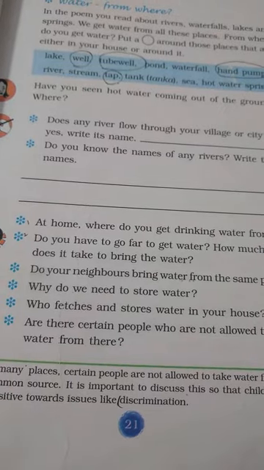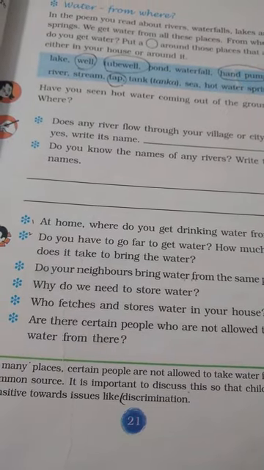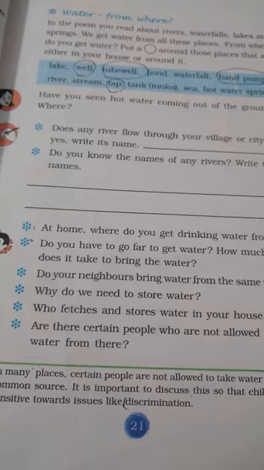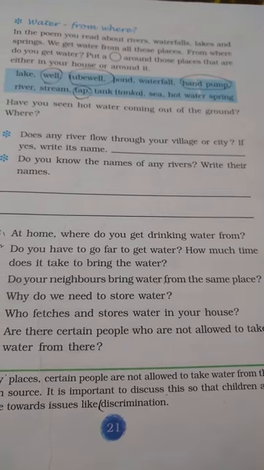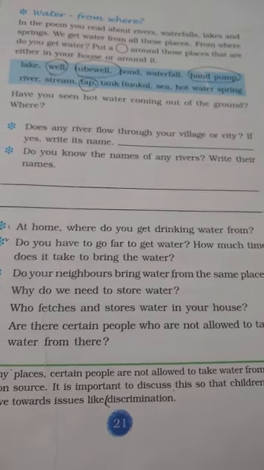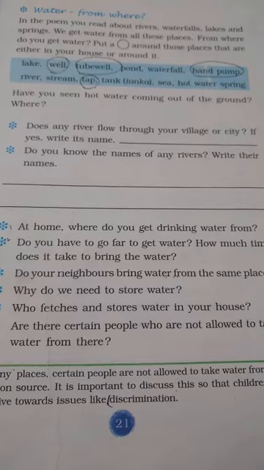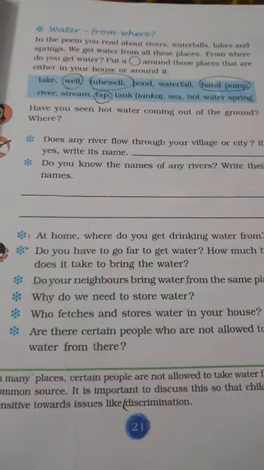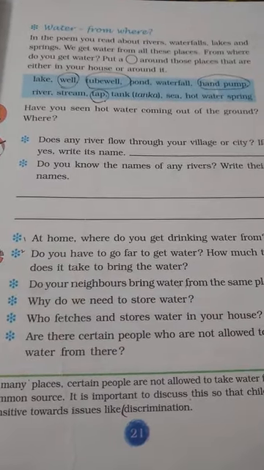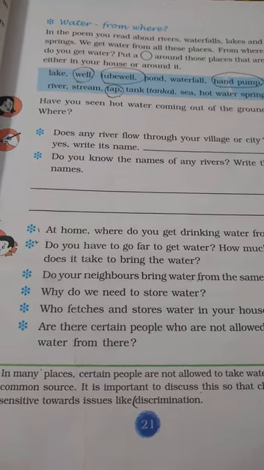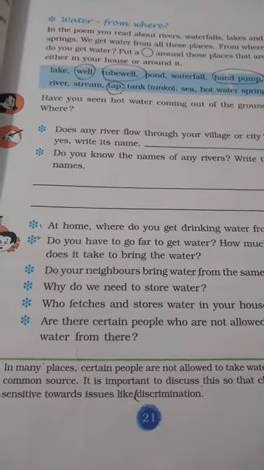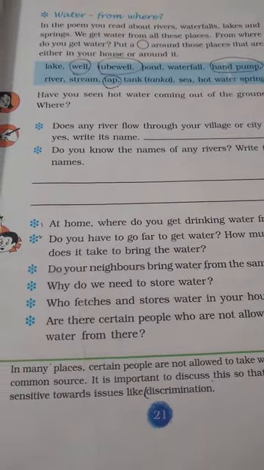It takes 10 minutes to bring the water home. Do your neighbors bring water from the same place? She says even her neighbors bring water from the same place.